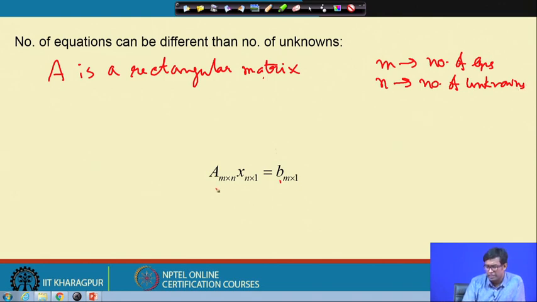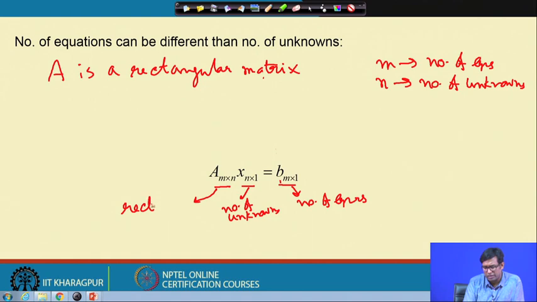When we write A m into n, x n into 1, b m into 1, x gives the number of unknowns and b gives us the number of equations. If they do not match, then A will be rectangular in form, if m is not equal to n.